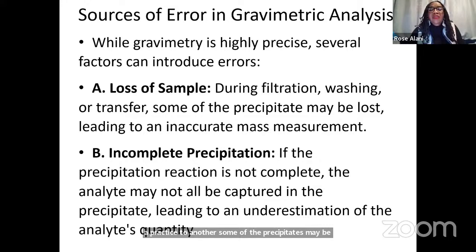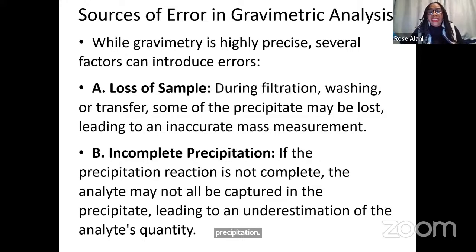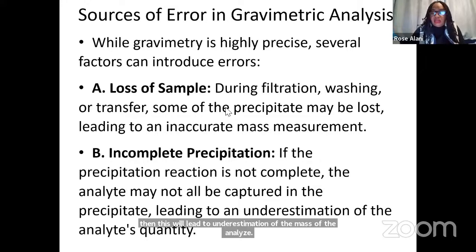Another source of error is incomplete precipitation. If the precipitation reaction is not complete, the analyte may not be completely captured because not all of it has been precipitated out. So then this will lead to underestimation of the mass of the analyte that you're measuring.